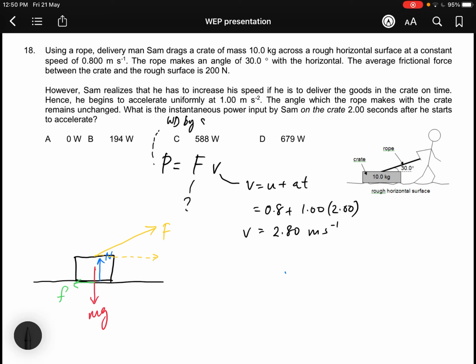So work done by Sam will be equal to Sam's pulling force times the distance in the direction of force.